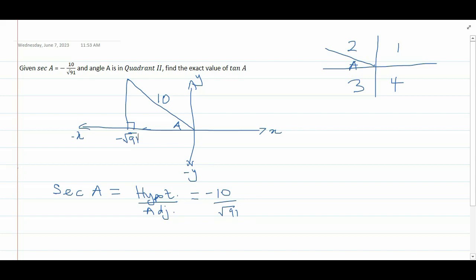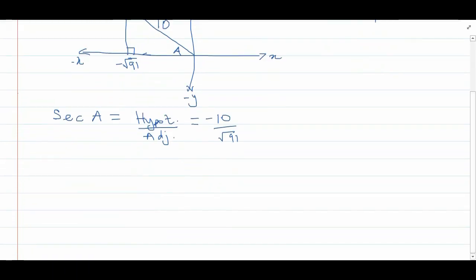Let me move this down to get more space. We can use Pythagoras theorem to find the value of this length that I call small letter a. By Pythagoras theorem, a squared plus the square root of 91 also squared. We can do away with the negative, or if you want, you can still put that in.